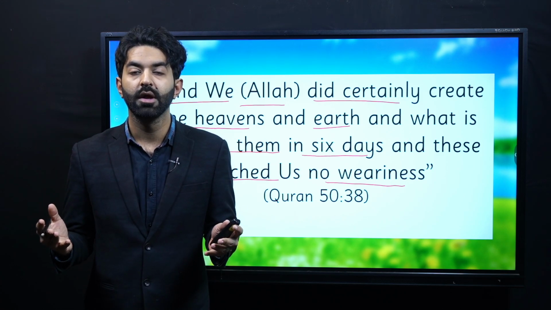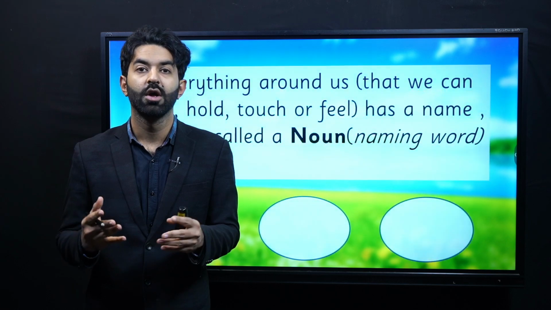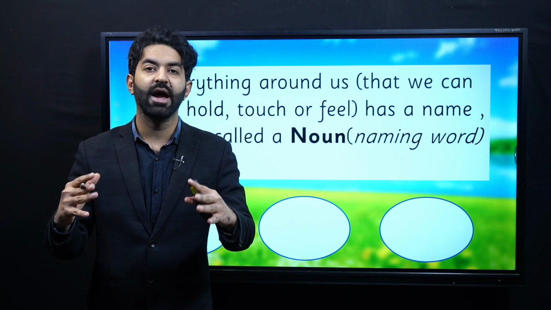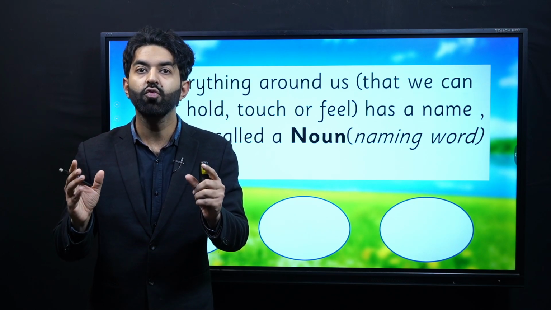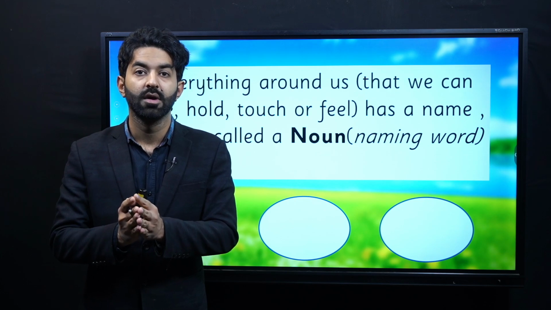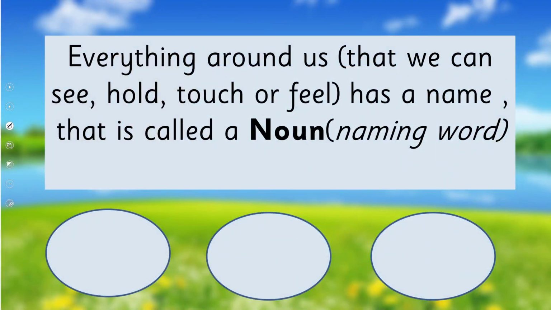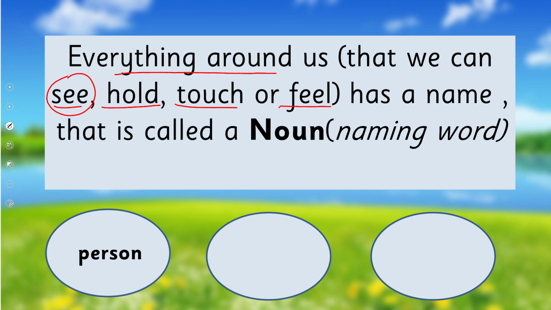For example, if you look in the class, if you look at your surrounding, you can find names. You can find things that are having a name. So that word that is there is actually a naming word. Everything around us that we can see, that we can hold, touch, or feel.